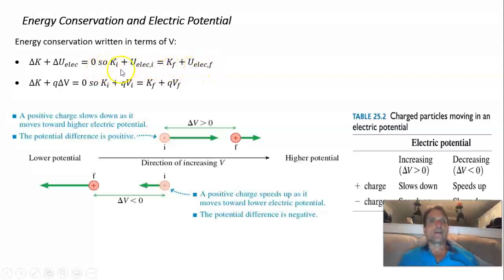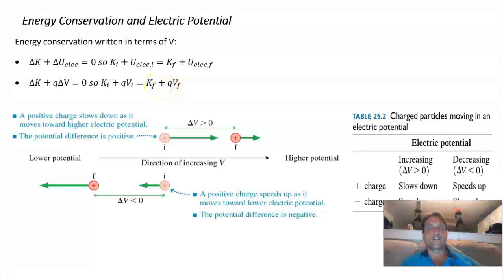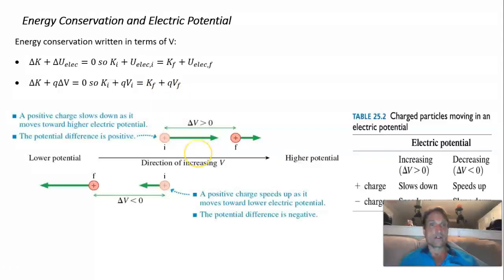We can write the same thing in terms of the potential V if we note that U is Q times V. So delta U is equal to Q times delta V, and we get conservation of energy expressed in terms of the potential V, which again is much easier to measure. So this is conservation of energy in terms of voltages.